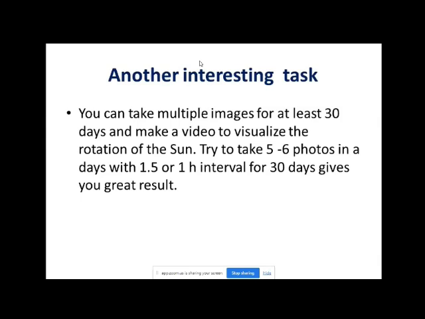Try to take 5-6 photos in a day. This also gives a good result: in 30 days, if we click 100 images, this gives beautiful videography of the rotation of the sun.